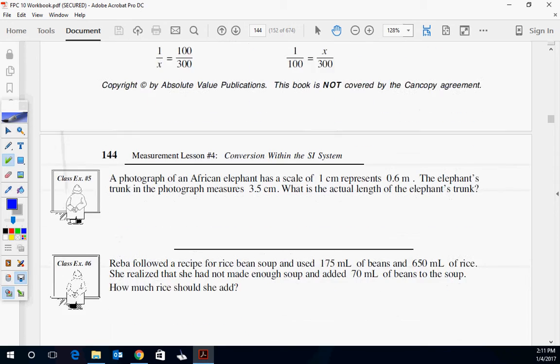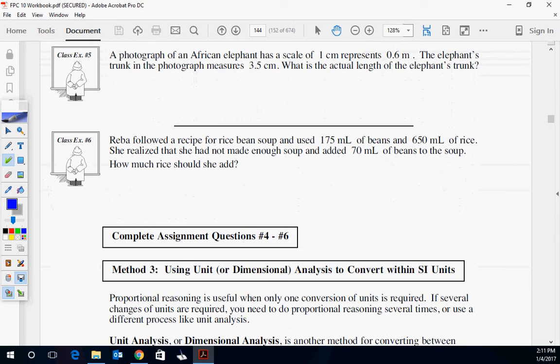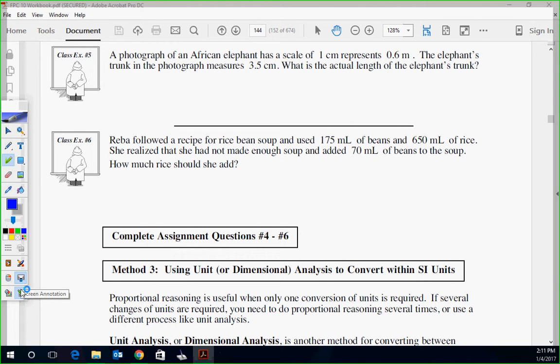So looking at this example, I'll show you. We won't use the units, okay? So we know we have a photograph. There's one like this on the second part of your assignment today. The photograph of an African elephant has 1 centimeter of it represents 0.6 meters. So 1 centimeter on the picture means 0.6 meters. So I know my centimeters are on top right now.